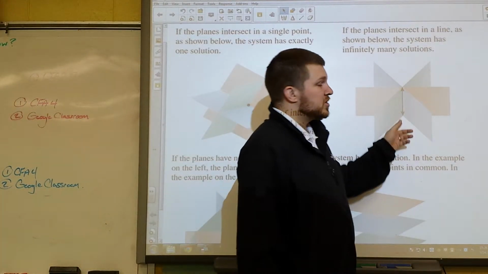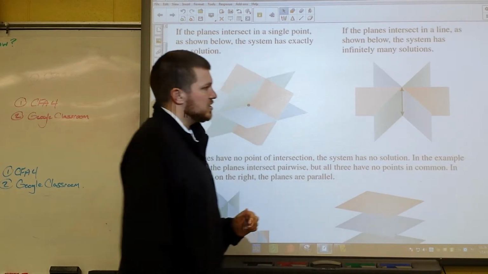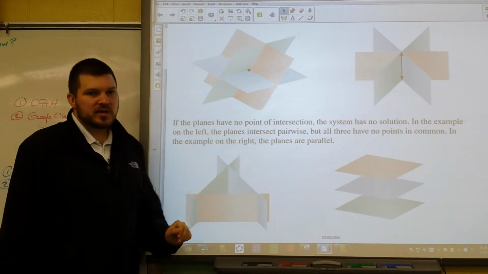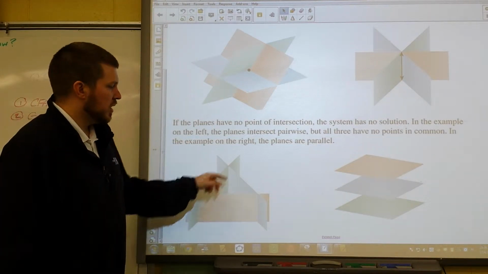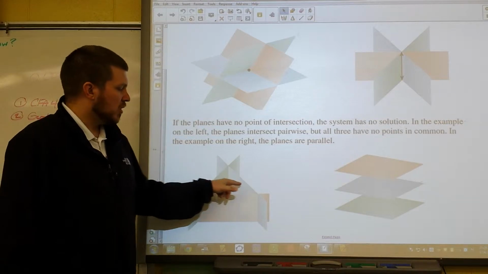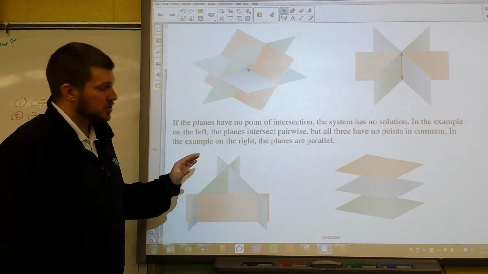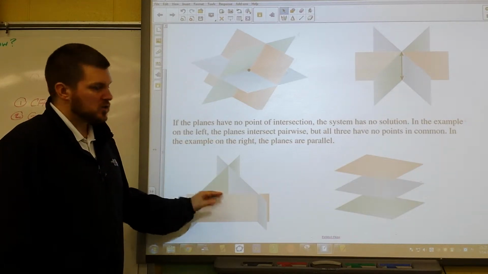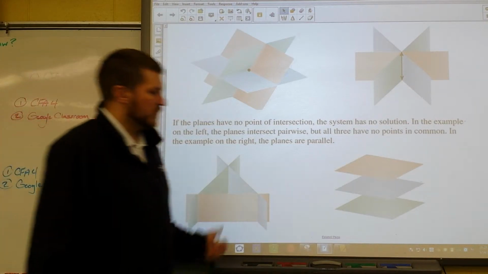If all the planes intersect along a line, then there are infinite solutions. And down here, if the planes intersect pairwise, which means say pink plane with green plane, blue plane with green plane, or blue plane with pink plane, there's no solution, because to be a solution, all three have to intersect together. In this picture, you only have pairs intersecting, so there's no solution.